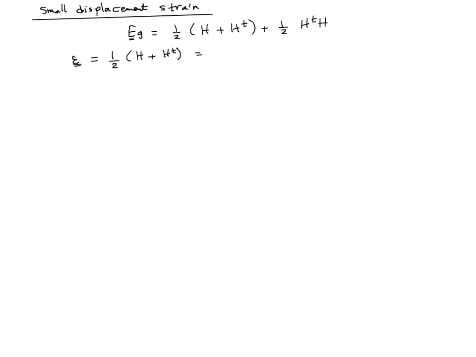This is usually written in Cartesian coordinates as follows. I'm going to write down only 1/2 of it since it is symmetric. Epsilon x, gamma xy over 2, gamma xz over 2, epsilon y, gamma yz over 2 and epsilon z, and it is symmetric.